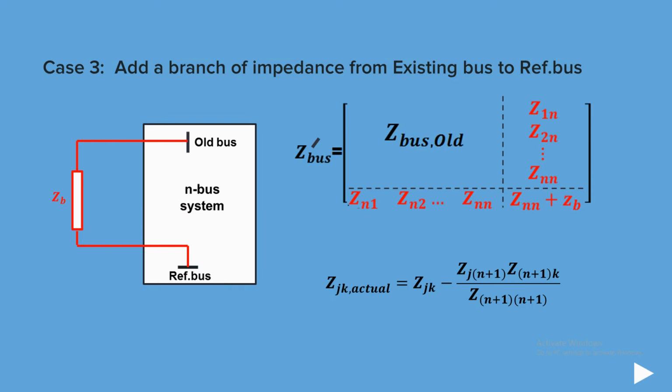The elimination formula becomes ZJK actual is equal to ZJK minus ZJ n plus 1 times Z n plus 1 K divided by Z n plus 1 n plus 1. By using this formula, modify all old values and eliminate the last column and last row. We will get the actual Z bus matrix of this case number 3.